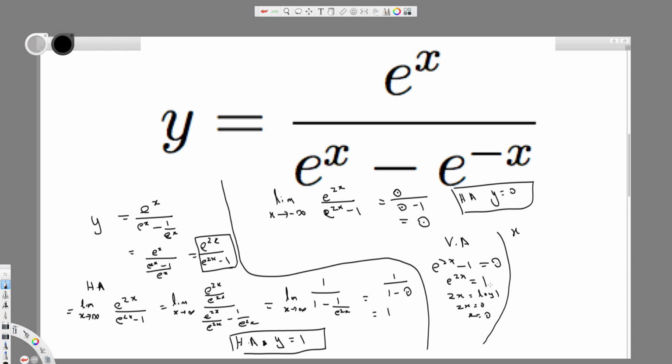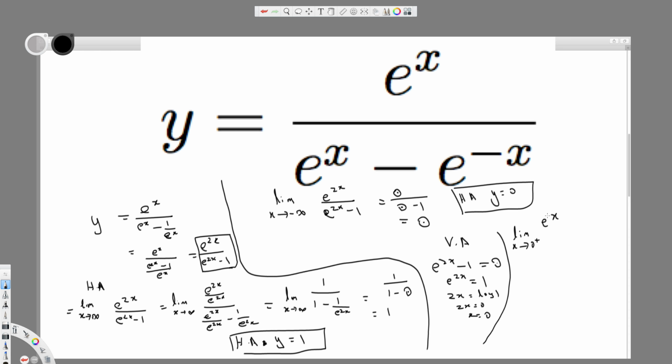So if x equals 0 is true, I can check it from the left-hand side or the right-hand side. Let's write the limit as x approaches 0 from the positive side.